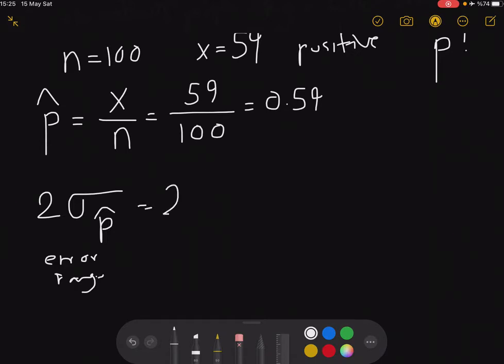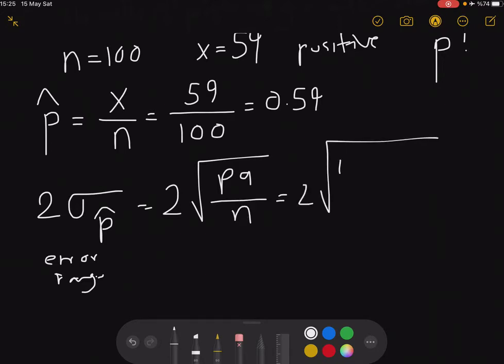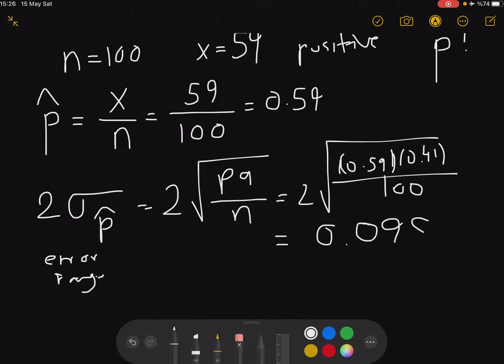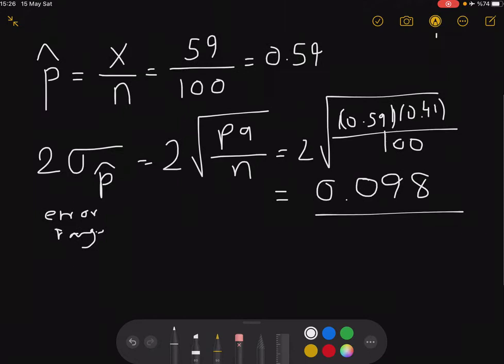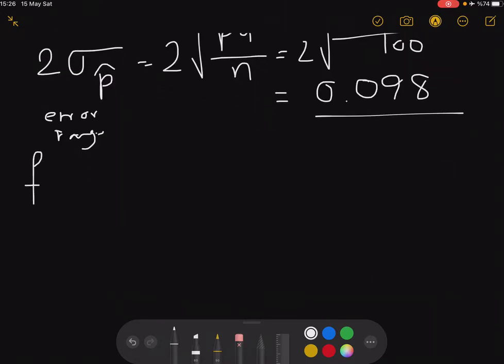So it should be 2 times square root of pq over n, covering 75% of trials that will fall within this range. If you make this calculation, the result should be this much, okay?